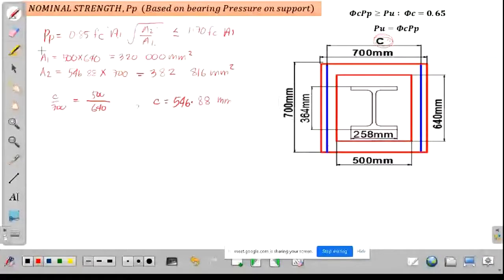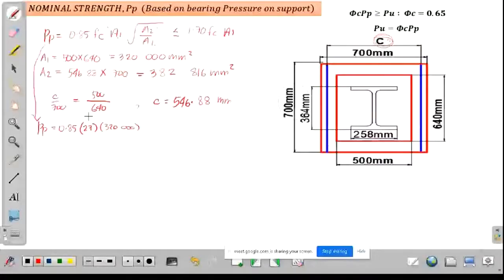So, meron na tayong values. We have to substitute now our values in our equation. Substituting yung values natin, that is 0.85. Ang fc prime natin is equal to 27. Ang ating area 1, that is 320,000 mm squared. Huwag nyo malimutan yung mga unit natin, kasi para hindi kayo malito kung ano yung final unit nito.